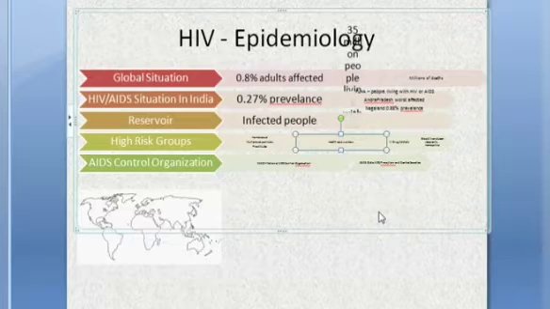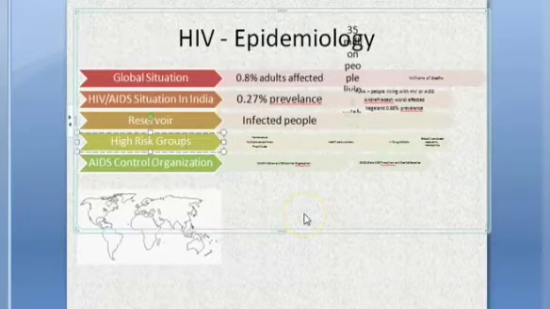I myself am in a high-risk group because I'm a healthcare worker: needle prick injury, handling blood products, having an abrasion or open wound on my own skin and getting exposed to another person who has HIV, all such things put me at high risk. Then you have intravenous drug users who share needles and use the same needle again and again. Those people are also a high-risk group.